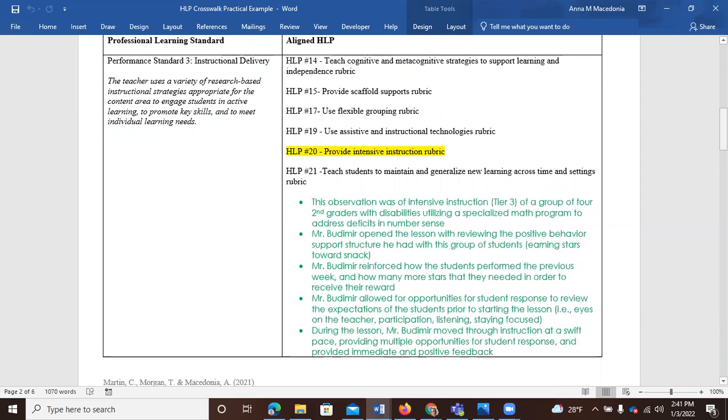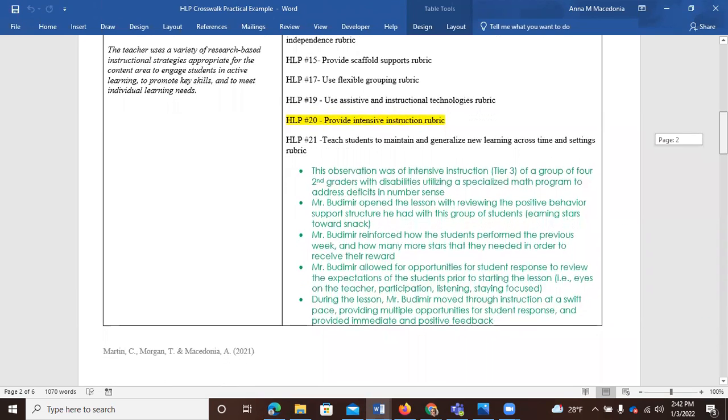Additionally, knowing this is a scripted program, this could be delivered in a much less engaging way, but we are able to see the excitement these students had for math. It was also important to note Mr. Budimir kept a swift pace that was appropriate for the students while providing immediate and positive feedback. Now look at the notes that you took during the observation. What would fall within this standard 3, instructional delivery?